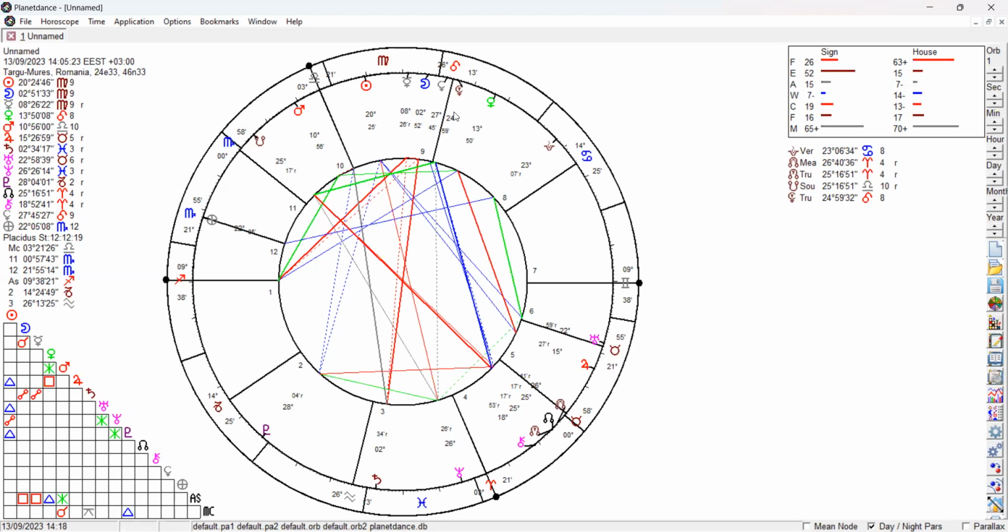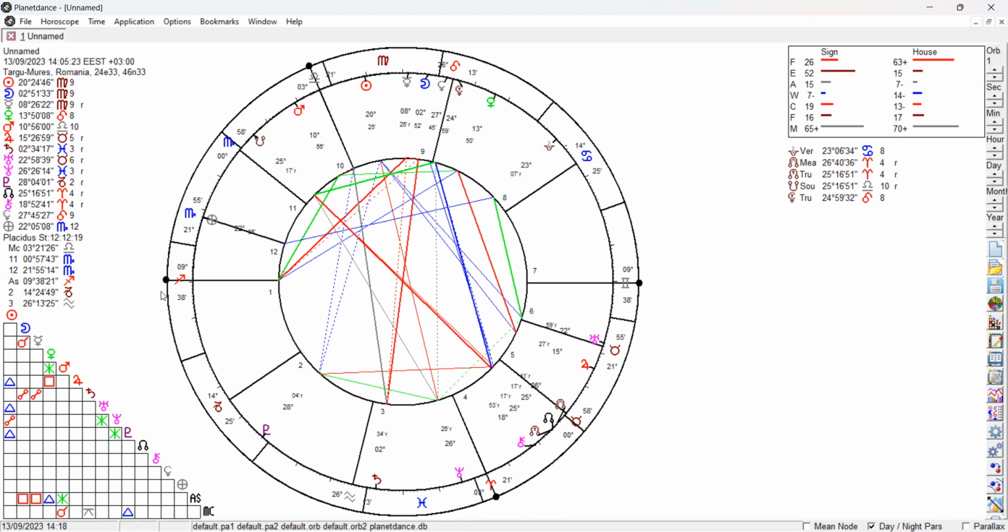The 8th house would have Venus in there. The 6th house would have Uranus in there. And Jupiter is in the 5th house. The North Node is in the 4th house along with Chiron. Neptune and Saturn are in the 3rd house. And Pluto in the 2nd house.